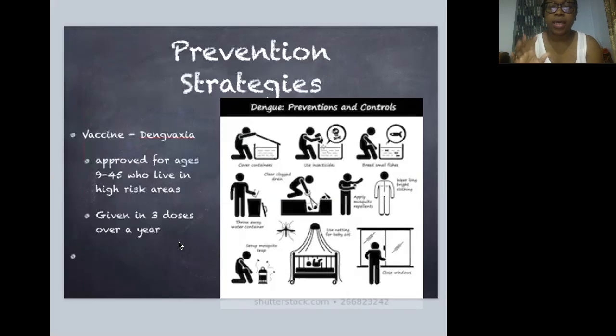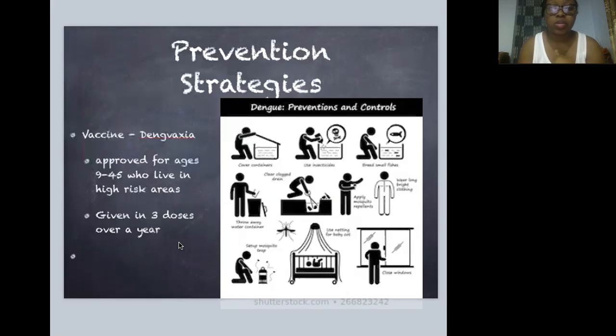That helps get rid of the larvae, the mosquito eggs. You need to throw away all water containers. Anything that can collect water, throw them out if you don't need them. Unclog drains, because clogged drains can cause accumulation of water, and stagnant water is a conducive place for breeding of mosquitoes.